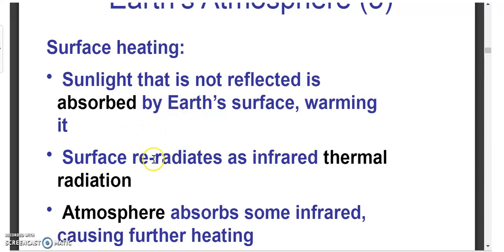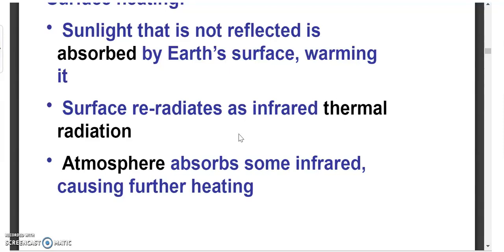What happens is that energy, that thermal energy, gets re-radiated in the form of infrared. So that's below the visible spectrum. We usually associate infrared with heat, thermal energy.